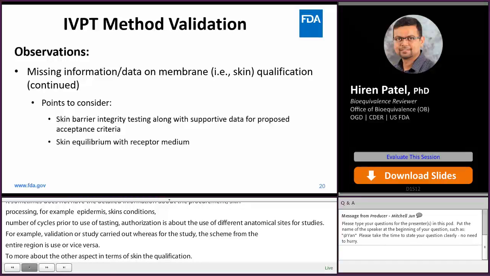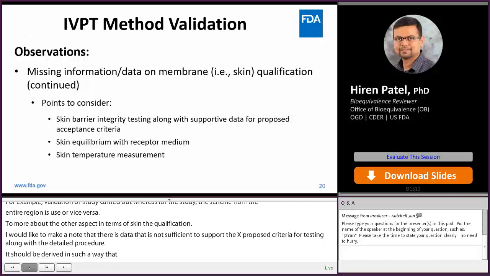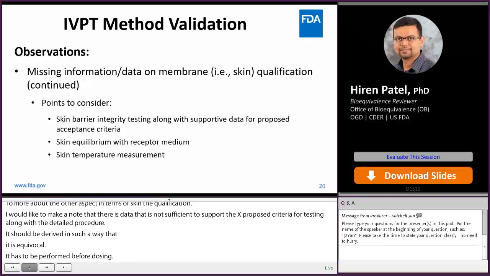Skin equilibration with the receptor solution is another important step that has to be performed before dosing. It is recommended to measure the skin temperature of the non-dosed side periodically to confirm control of the skin surface temperature throughout the IVPT study.